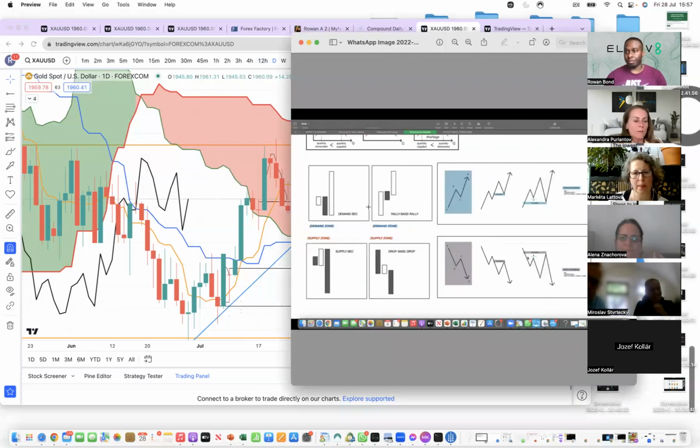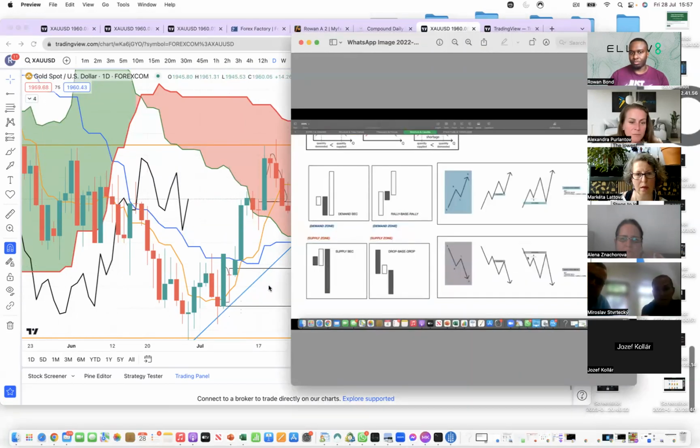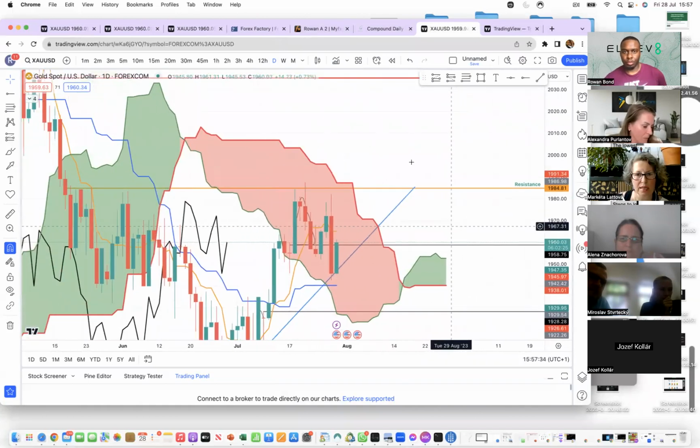For example, if the price was to come down to this zone here, then I'd be interested in taking a trade based on the daily, because it's close to a daily ETM candle, based on this cloud.